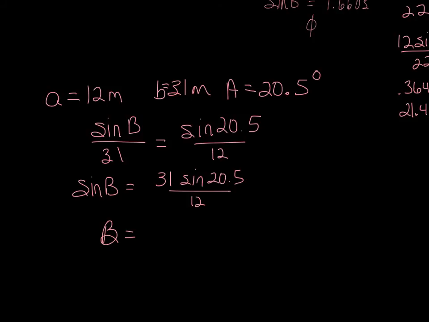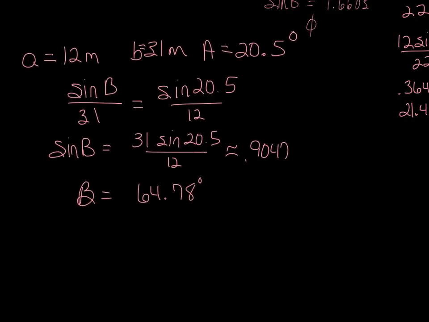So if you put it in your calculator, 0.9047, and so that's the sine of B. And if we do second sine, second answer, B is approximately 64.7. Okay, I'll go ahead and do 2 decimal places. I don't remember what the instructions in the book are. We'll just do 2.